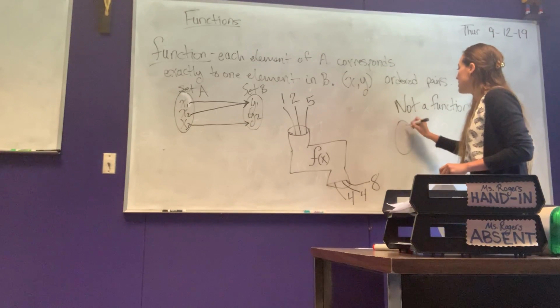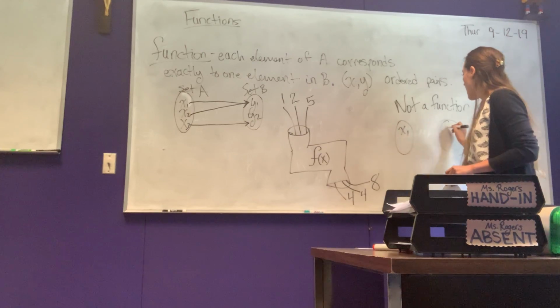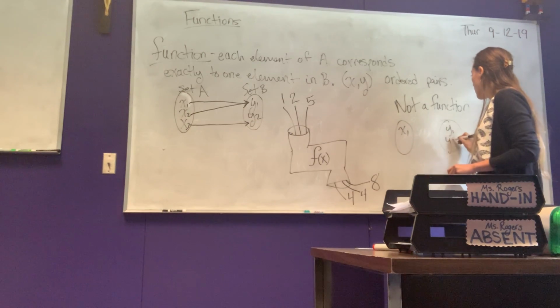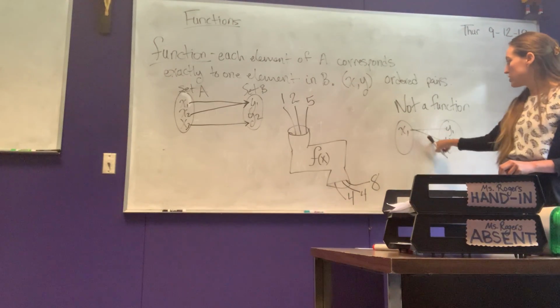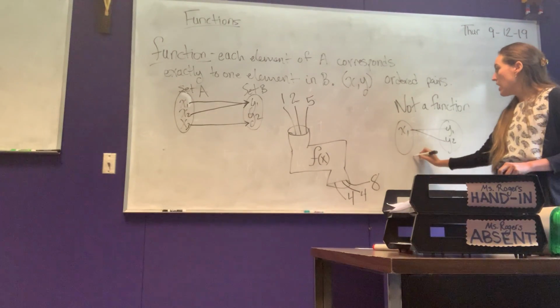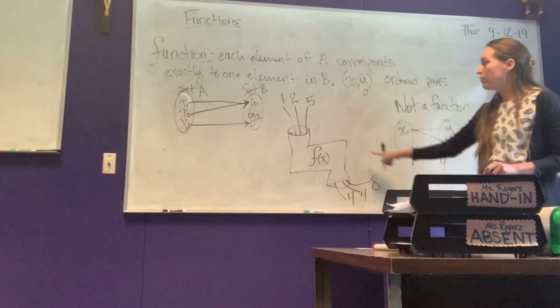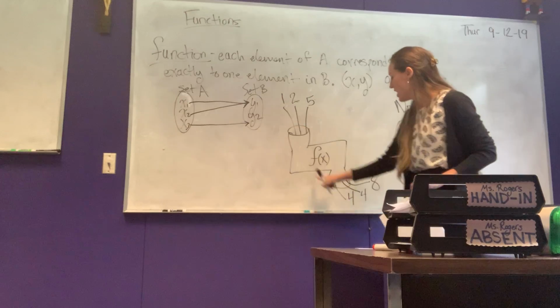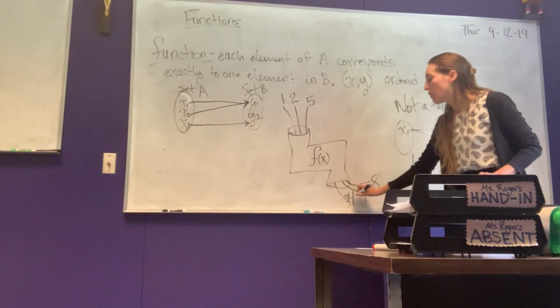Not a function would be if your x1 has two different y answers. So this is not going to work. If I put in a 1, I have to get out a 4 every single time. I can't put a 1 into this function machine and have it come out as a 3 one time and as a 4 another time.